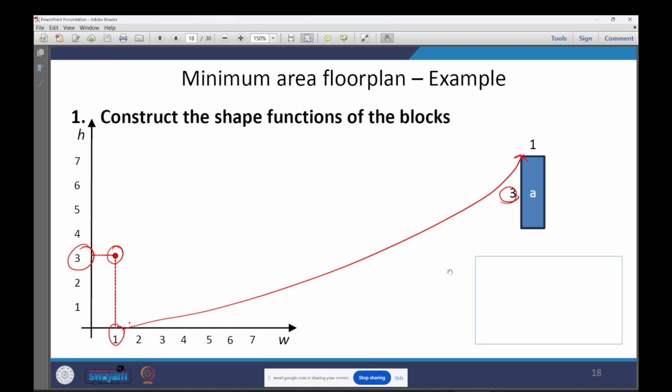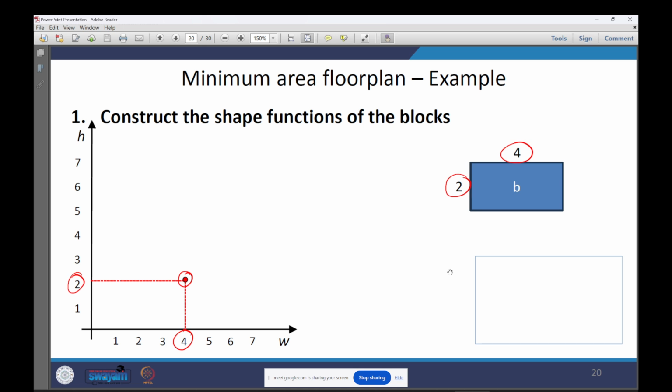Height is 3, width is 1, and the other one is 2, 4.